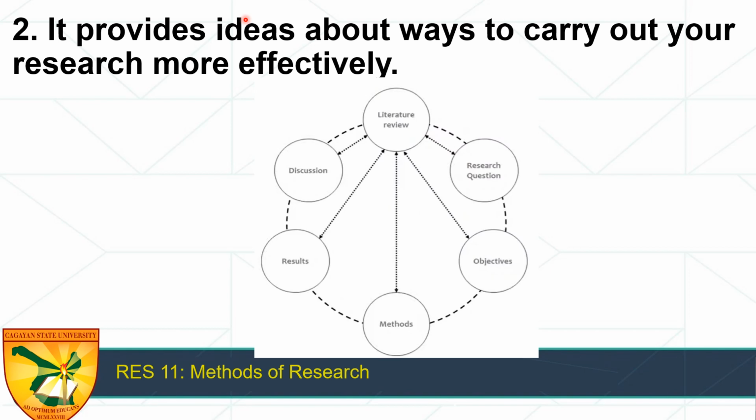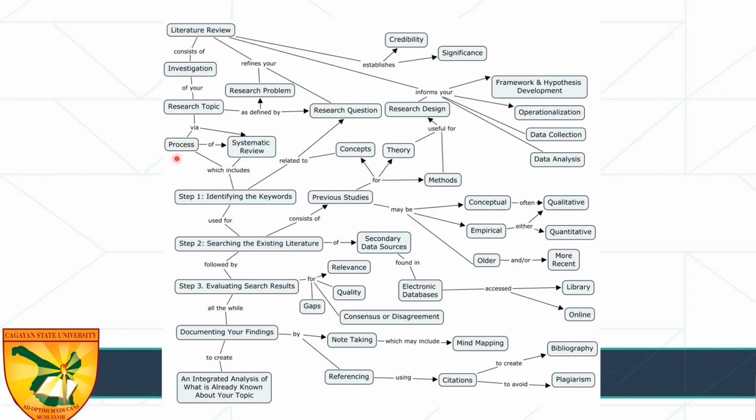So it helps one to become more familiar with the various research methods used in your study, and provides convincing arguments for why your particular research project is needed. So going back to this figure, this is what I am pointing out. When you search the existing literature, you will be looking at previous studies and other secondary sources.